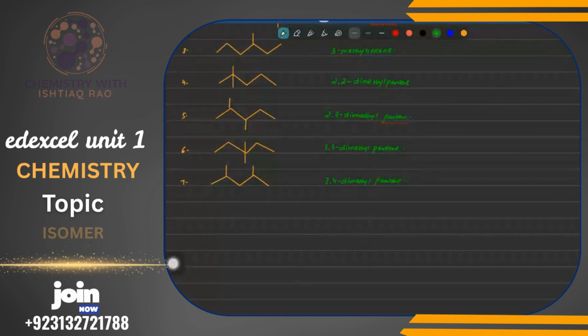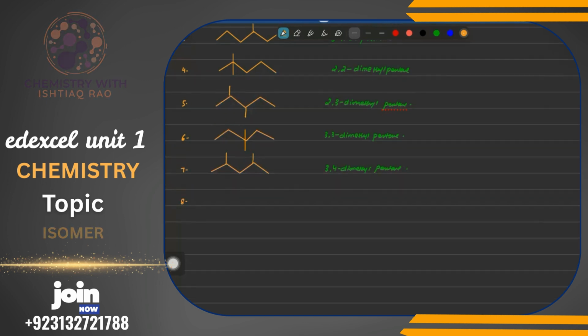Now, what's the other possibility? This would be the number 8. So what's the possibility for the next one? I'm supposed to decrease the main chain, that is 4 rather than 5.